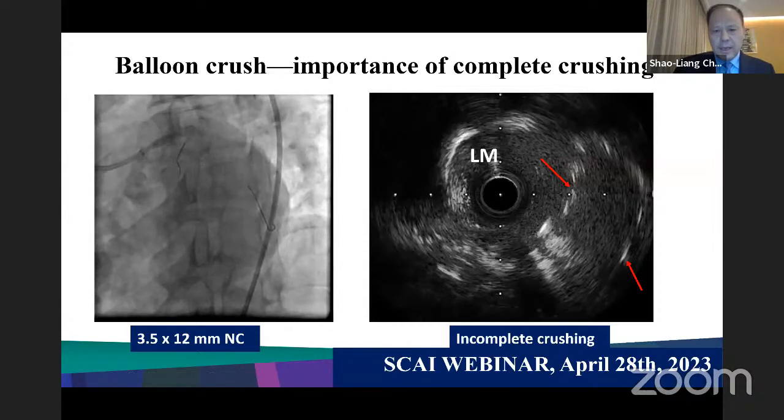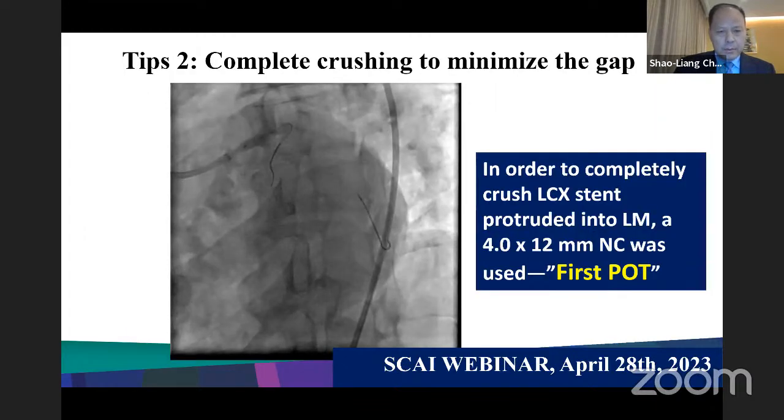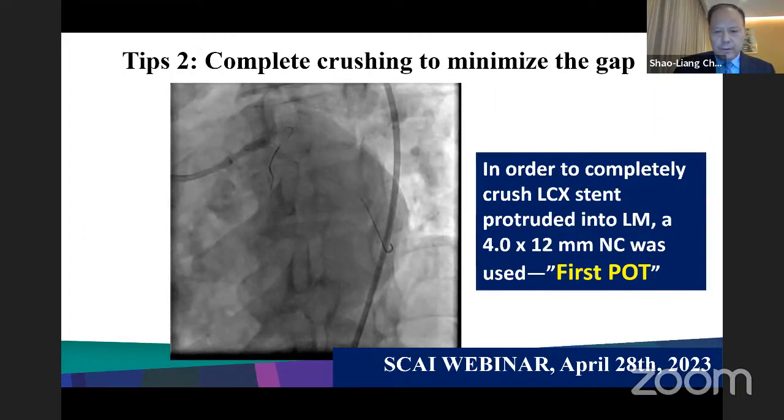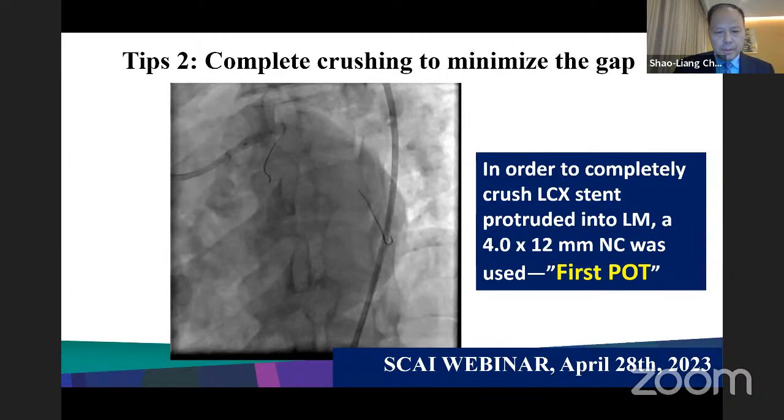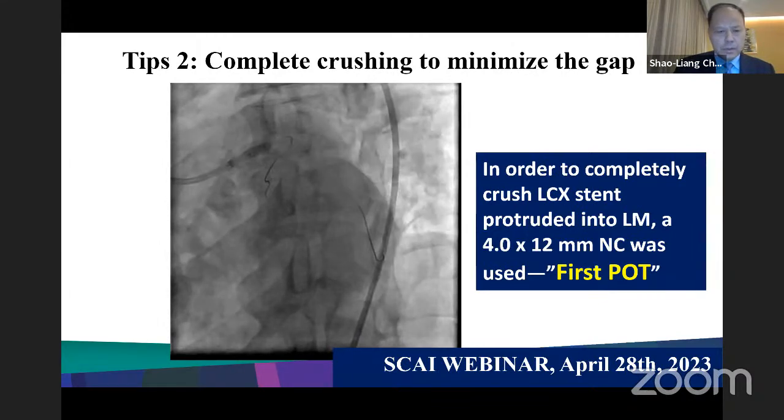You can see the gap between two layers of struts is pretty large. So we need to do a further balloon crush using a 4 by 12 non-compliant balloon to completely crush the side stent, as I showed in the spider view.